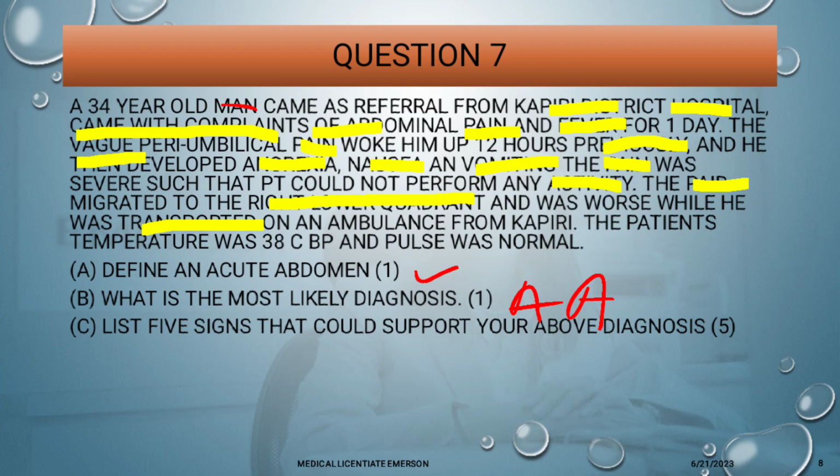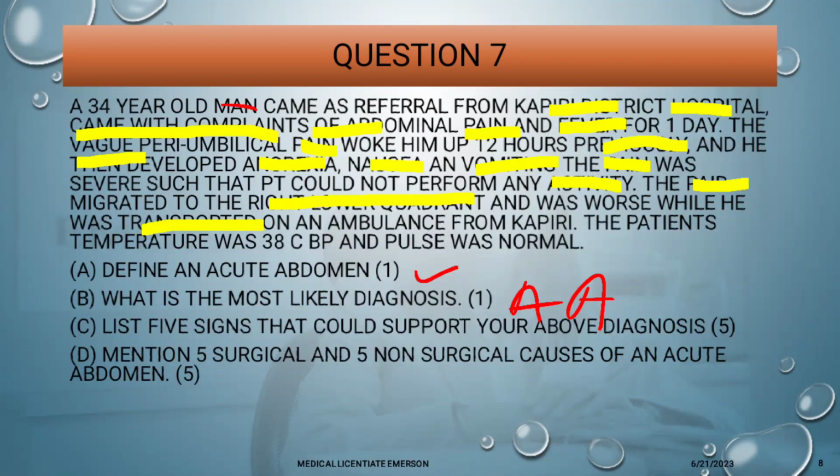If the case was to find signs that would support our diagnosis, maybe not from the scenario given, that's when we can include the Psoas sign, obturator sign, pointing sign, Rovsing sign, Blumberg sign, and so on. But this one hasn't specified what we should put.